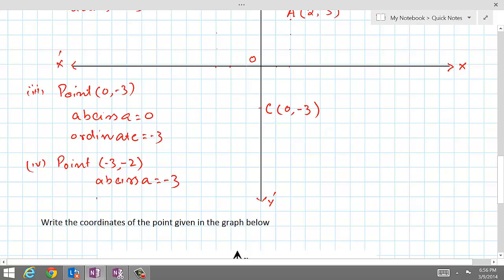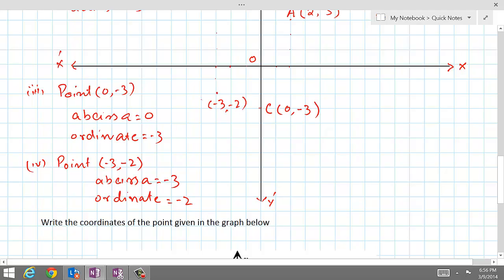And then the ordinate. The ordinate is -2, which means 2 units toward the negative y-axis. So -1 and -2, and that's where we ended up. So first abscissa, then ordinate, and -3, -2 is the point.